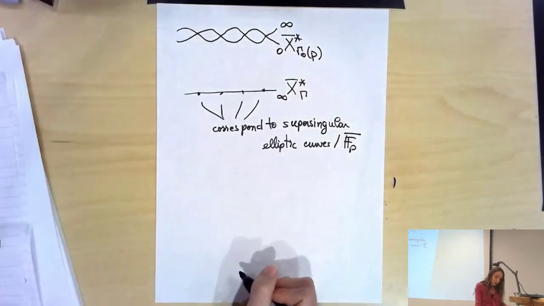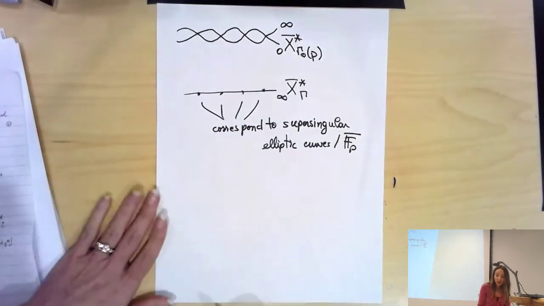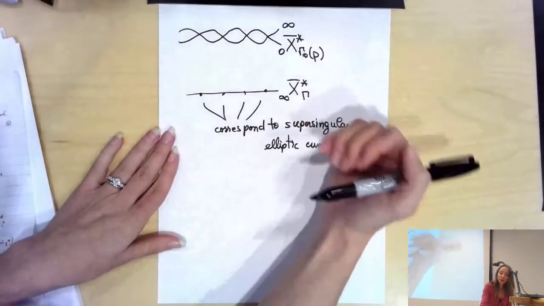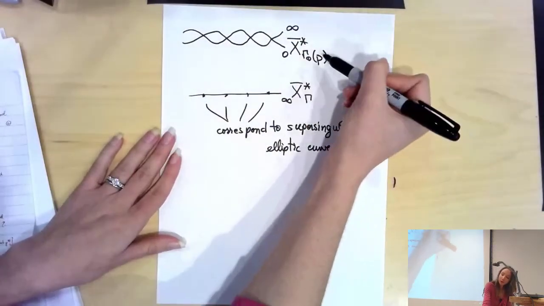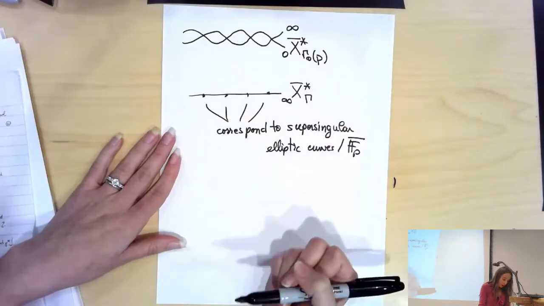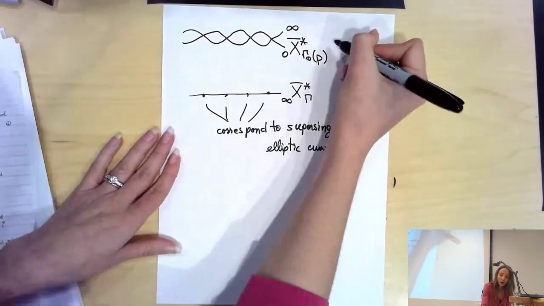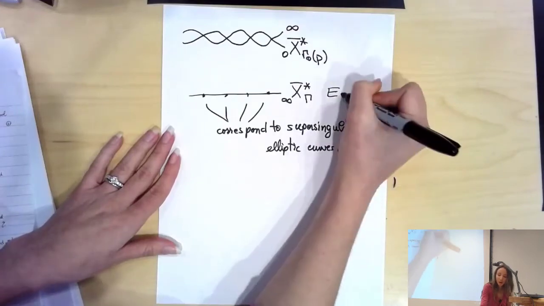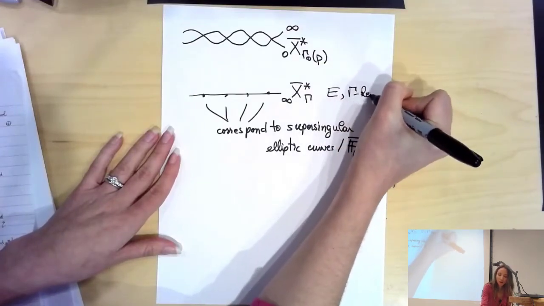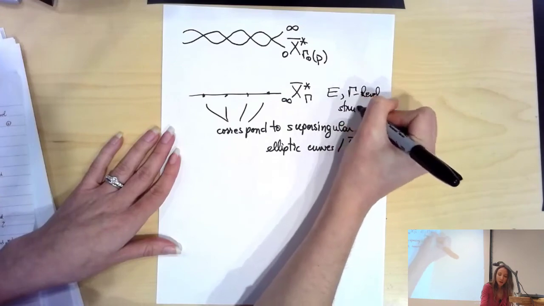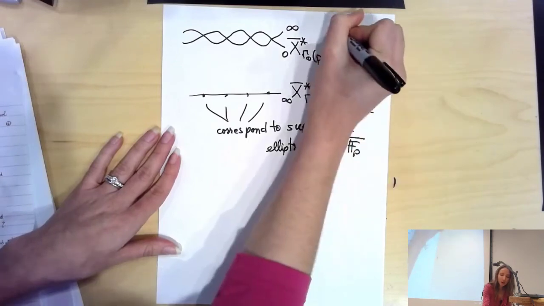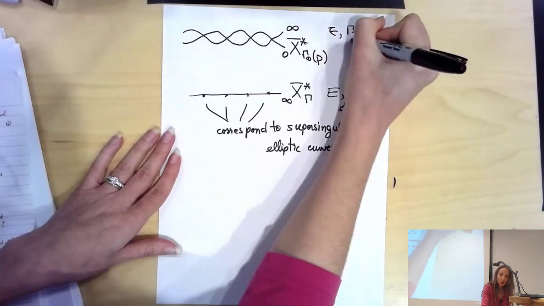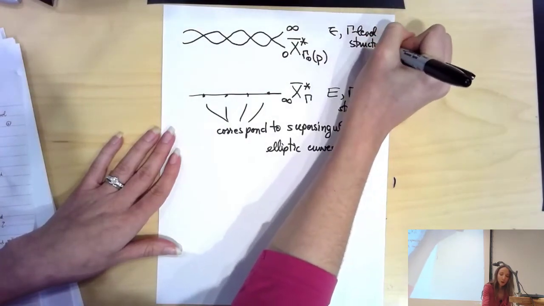Okay, so there's one more thing that I need to add to this picture, which is the transition map. So just the forgetful map that goes down from level gamma naught p to level gamma. And just to remind you, the moduli interpretation here, you would have an elliptic curve with gamma level structure. And upstairs, you have an elliptic curve with gamma level structure, but also with a subgroup.